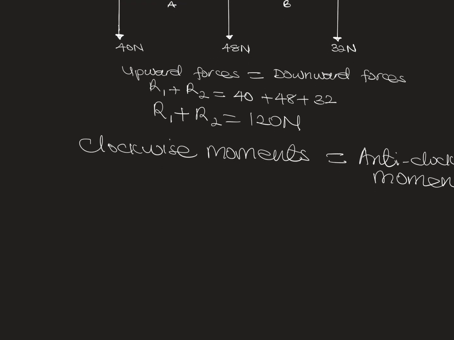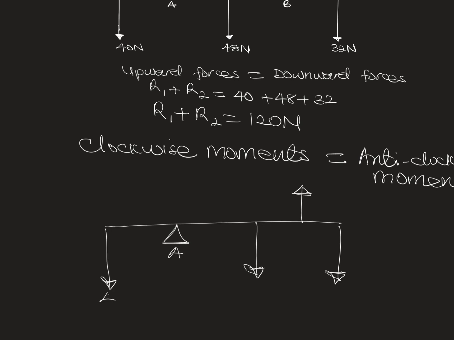So let's try to draw it roughly. All right. We're going to have a force here, a force here, an upward force here, and a force here. We have 40 newtons, 48 newtons, 32 newtons. This is R2, this is R1.